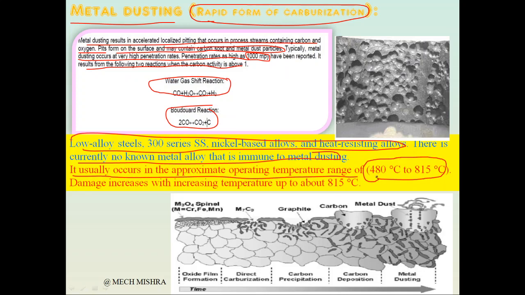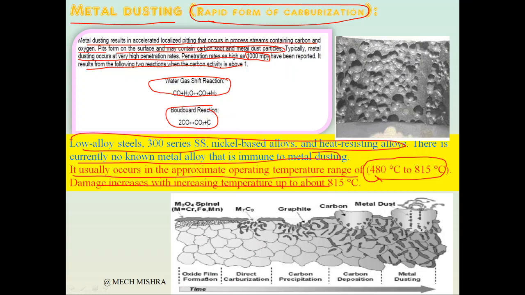It can happen from 480 to 815 degrees, and damage increases with increasing temperature up to about 850. So as temperature increases, the damage will be more. As I told, it's a rapid form of carburization, so the mechanism is almost the same.